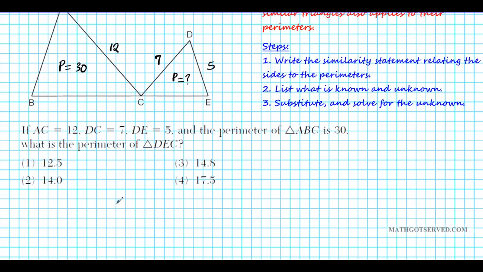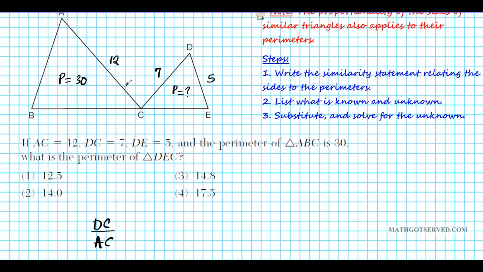So we can say that DC over AC, the ratio of the longest side of the small triangle to the longest side of the bigger triangle, is equal to, guess what? The ratio of the perimeter of the smaller triangle, triangle DEC.